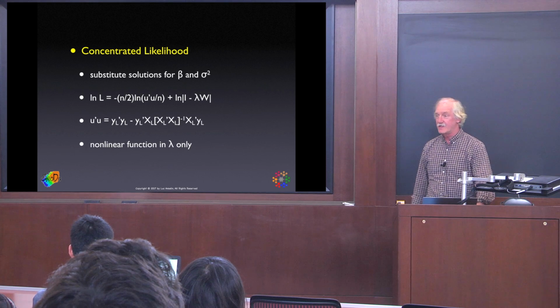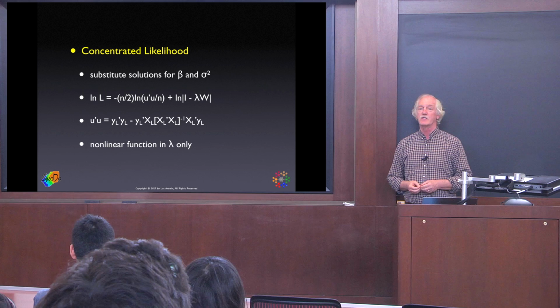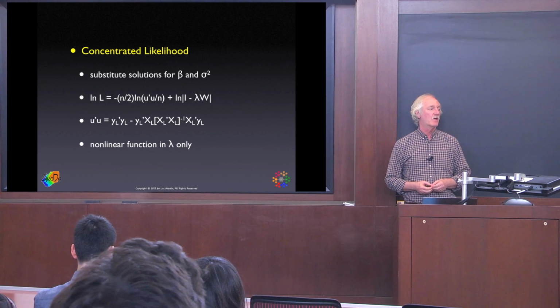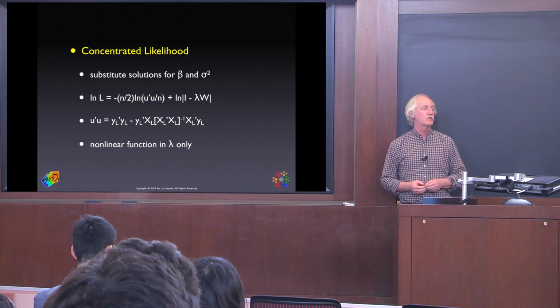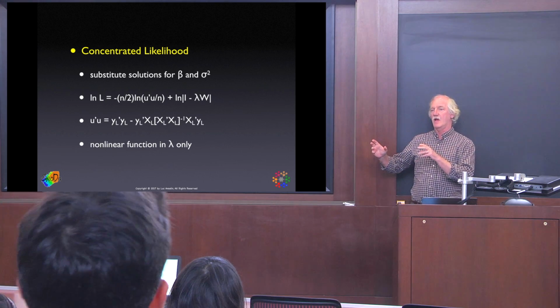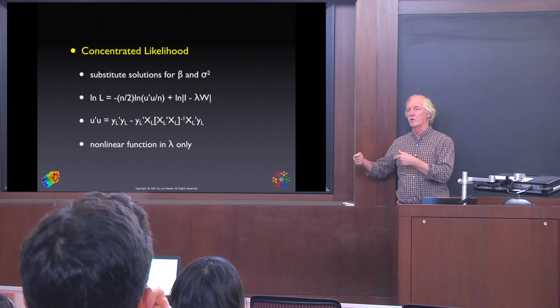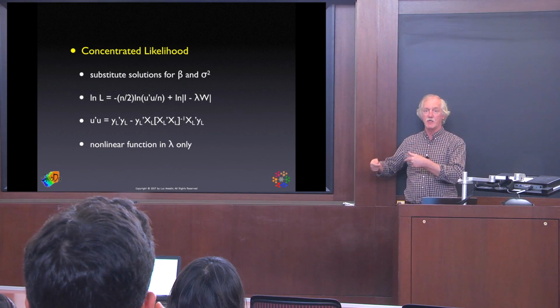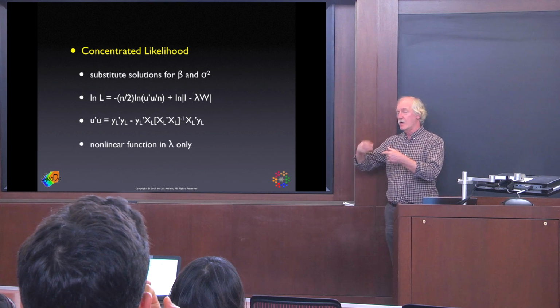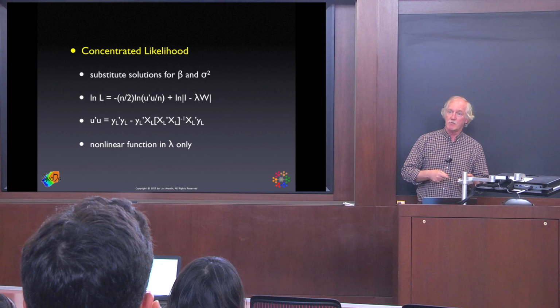Now, instead, we can go the same route as before and use this idea of a concentrated log likelihood function. So instead of having beta in there, in that likelihood function, we replace beta by its solution. Its solution is the spatially weighted least squares, so it has lambda in there, but that's okay. And same for sigma squared.